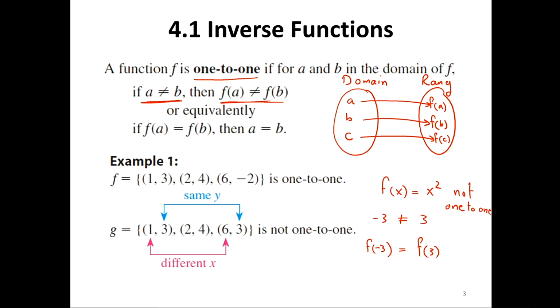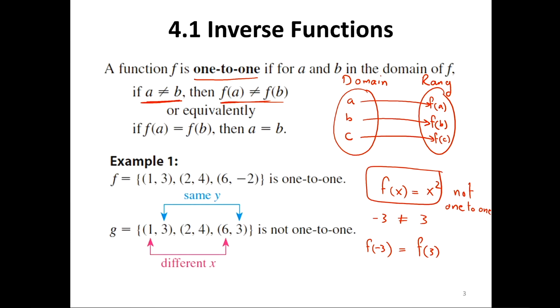Because we have two different values of x, but the same value of f of x. -3 is not equal to 3, but f(-3) equals 9 and f(3) equals 9. Okay, so f(x) equals x squared is not one-to-one.